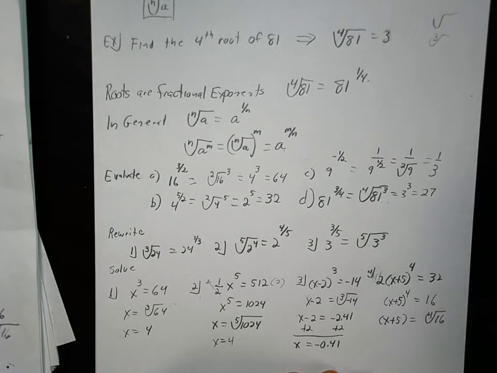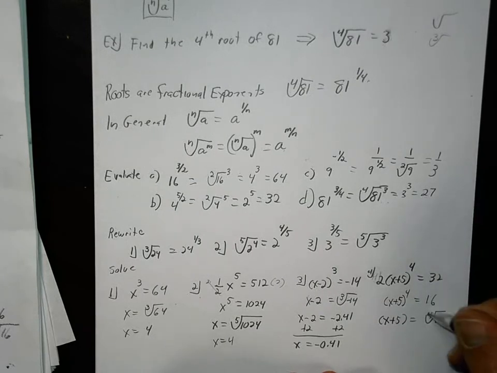The 4th root of 16 is 2, because 2 to the 4th is 16. However, negative 2 to the 4th is also 16. So something we have to remember here, if I take an even root, I have to consider plus or minus. If it's an odd root, I don't have to worry about it. There's only one solution there.